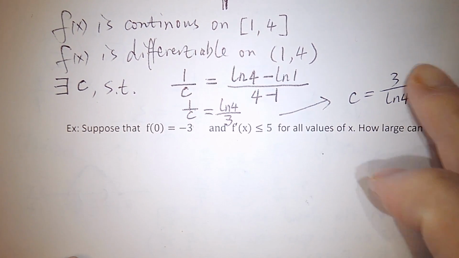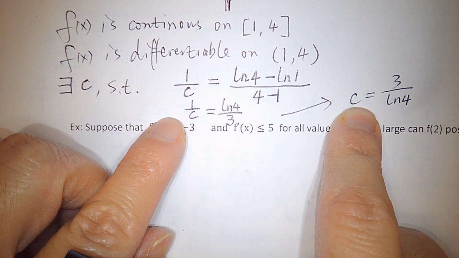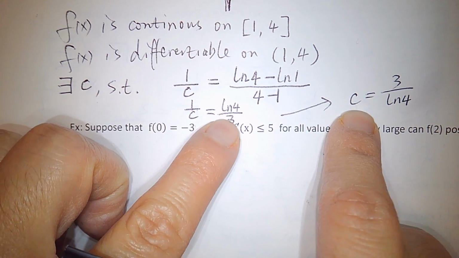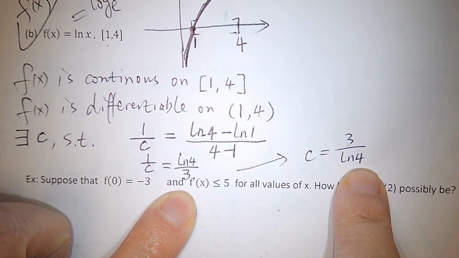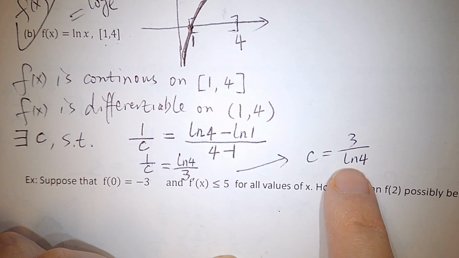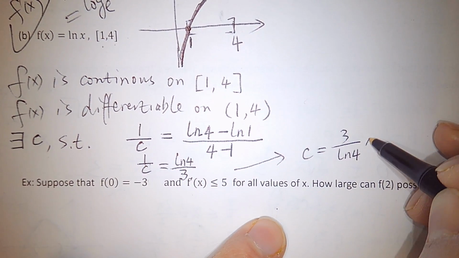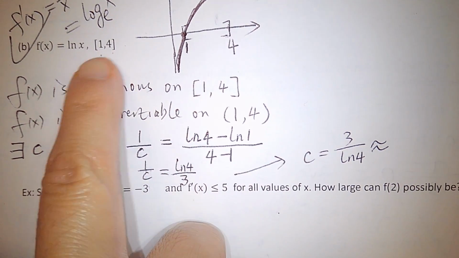I would say c equals 3 over ln 4. Reciprocal, right? 1 over c equals this, so c equals 3 over ln 4. Alright, can you please use your calculator and get me the decimal number 3 divided by ln 4, approximately, and see whether this c is between 1 and 4 or not.